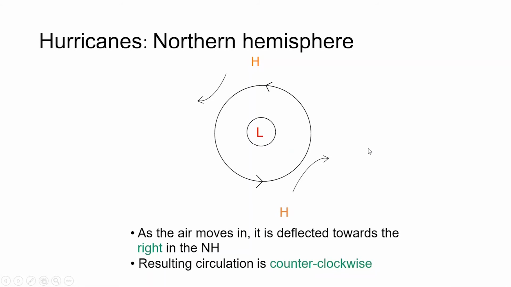So always the cyclones in the northern hemisphere, their rotational direction is anti-clockwise.